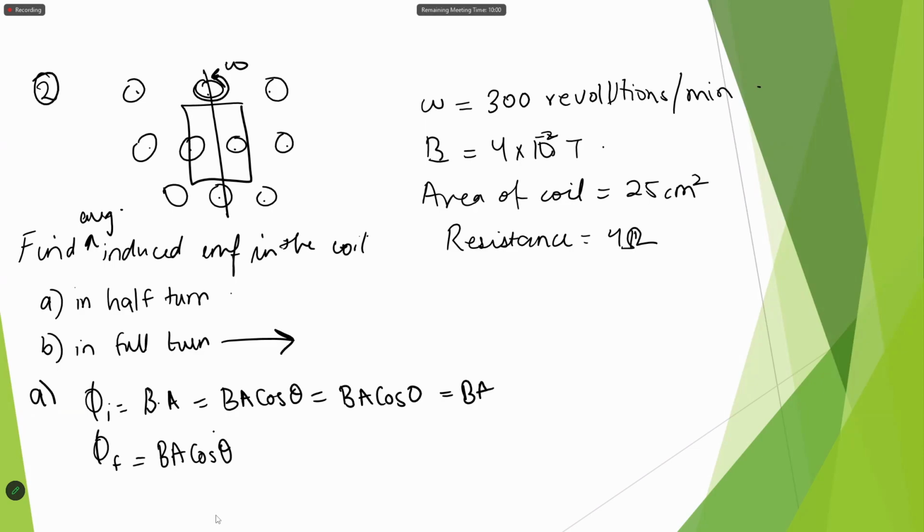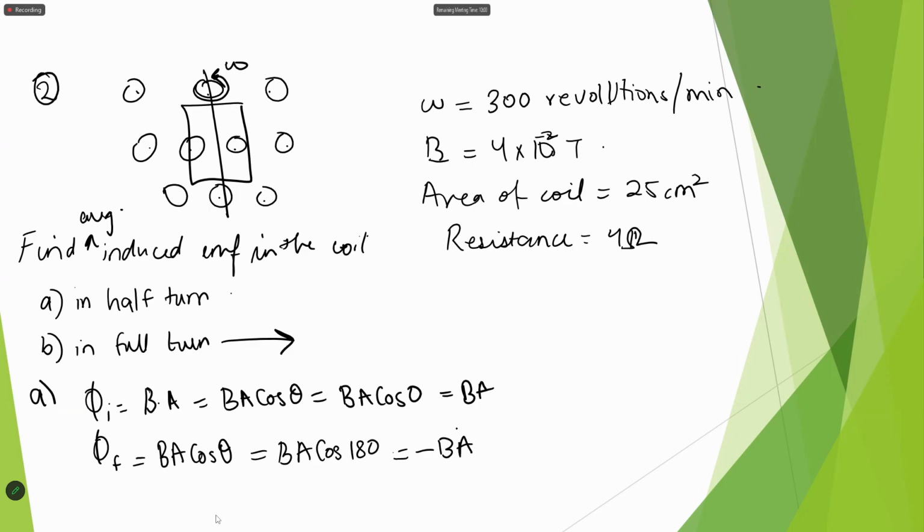See, initially the angle is 0. When the coil took a half turn, it rotated half of it. 180, yeah, very good. BA cosine 180. And cosine of 180 is negative 1. So it will be minus BA.